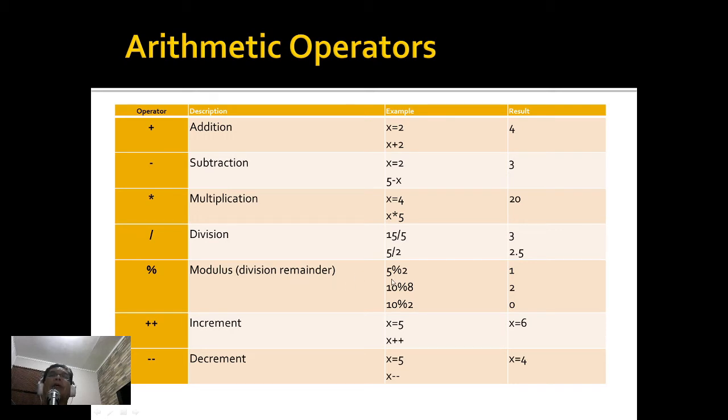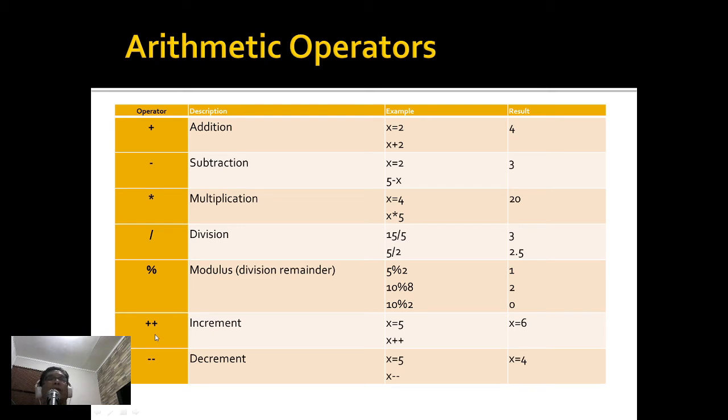In this case, 5 divided by 2 is equal to 2 remainder 1, so the result is 1, the remainder. 10 divided by 2 is 5 remainder 0, so the result is 0.